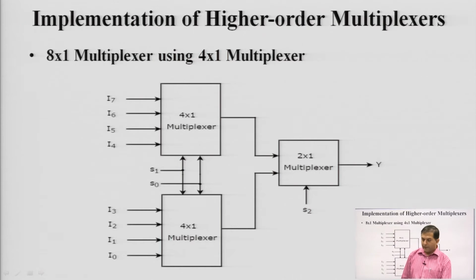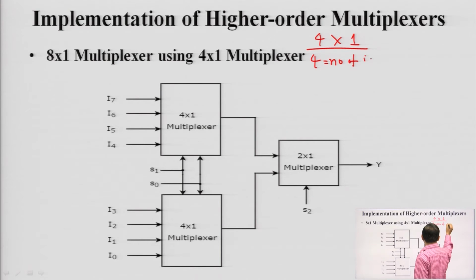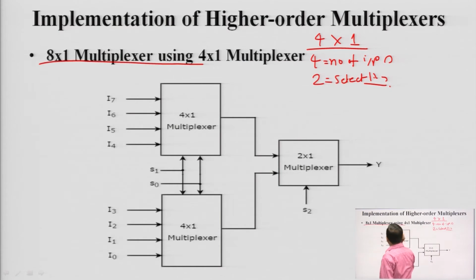Now, sometimes they can ask you the implementation of a higher order multiplexer using lower order multiplexers. Already we have discussed the 4 cross 1 multiplexer. In 4 cross 1 the number of inputs is 4, and there are 2 select lines. Now we have to implement an 8 cross 1 multiplexer.